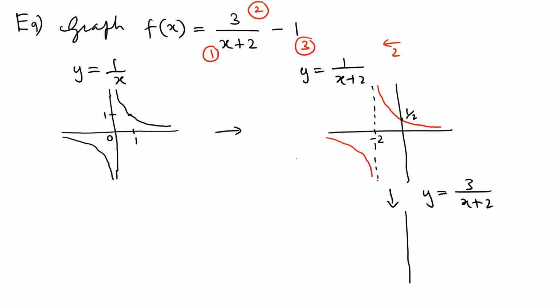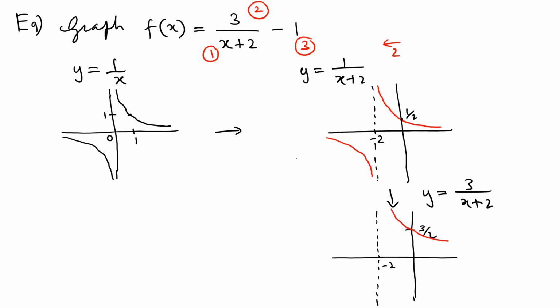That means no change to the x coordinates, so the asymptote stays at negative 2. The only thing is 1/2 now goes to 3/2. So we have 3/2 now, and the new graph is going like this.